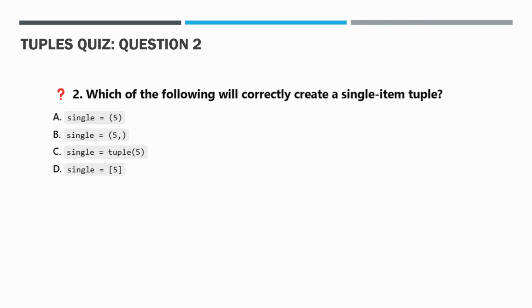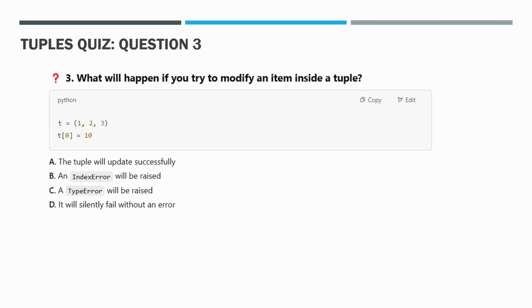Question number 2 is, which of the following will correctly create a single item tuple? Will it be single equal to 5, single equal to 5 comma, single equal to tuple 5, or single equal to 5? Third question is, what will happen if you try to modify an item inside a tuple? Let's say T is a tuple 1, 2, 3, and I'll say T 0 equal to 10. Put your answer in the comment box below.